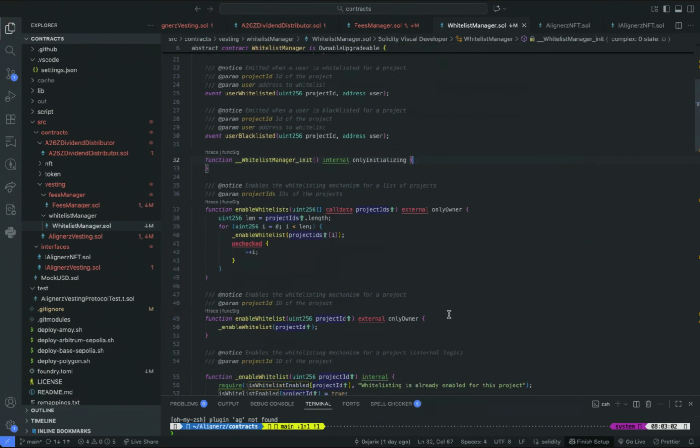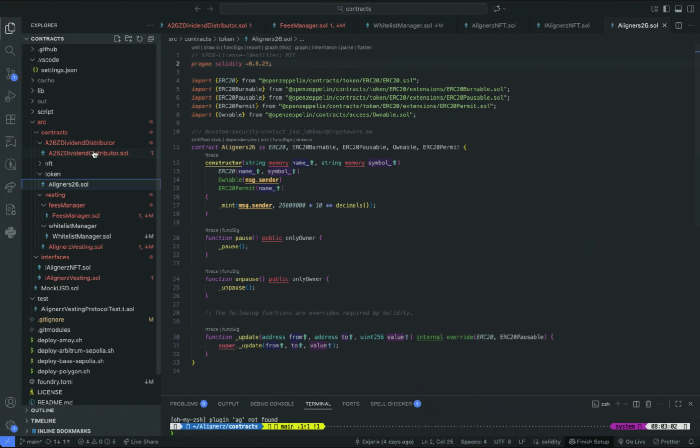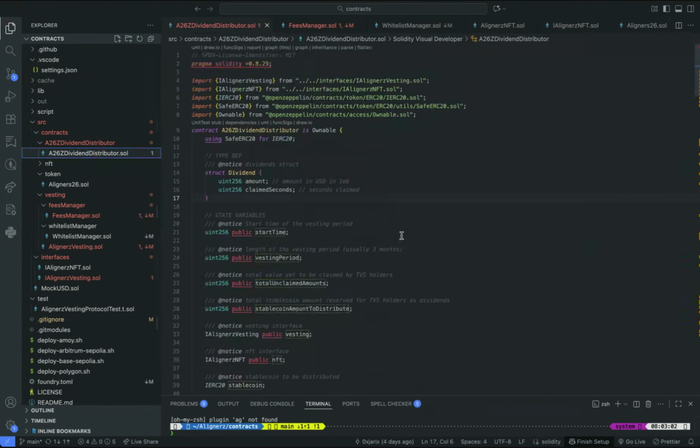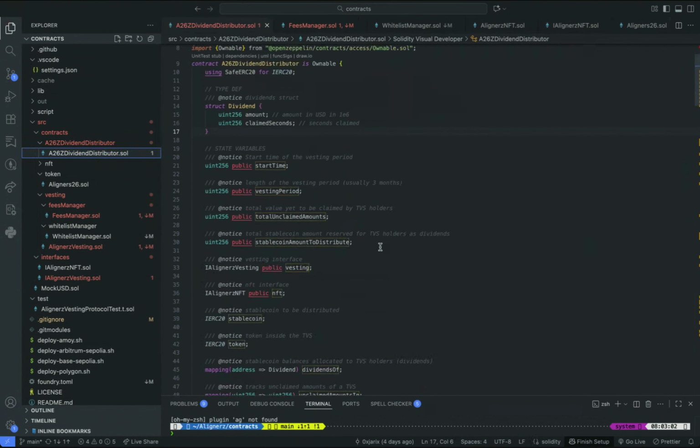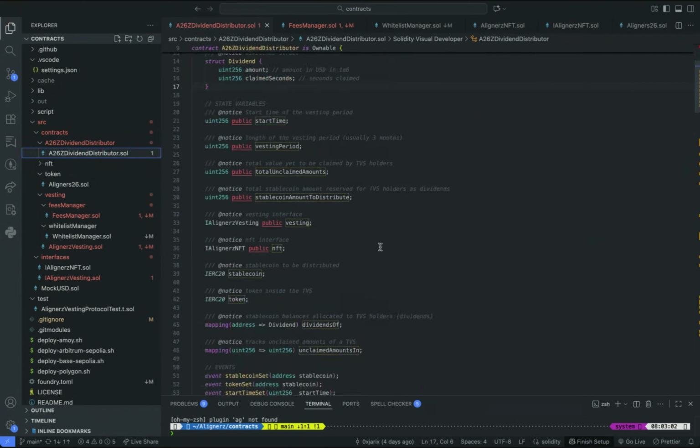So it will usually be for the token of Alignerz to distribute dividends to their TVS holders. But if a token project comes to them and tells them that they want to launch a dividend program, they can do that for them as well.